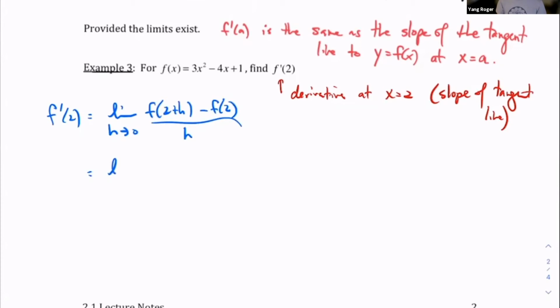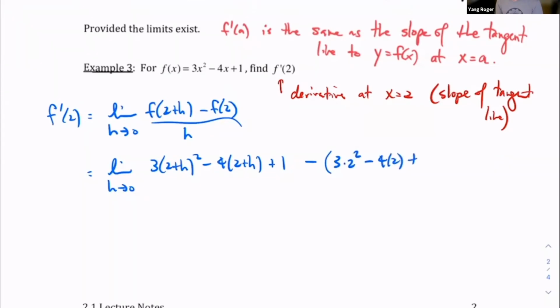And for us, that's going to be the limit as h goes to 0 of 3 times (2 plus h) squared minus 4 times (2 plus h) plus 1, minus, you should probably put parentheses around the second term here because the whole thing is getting negated, 3 times 2 squared minus 4 times 2 plus 1, like this. Okay. All divided by h.